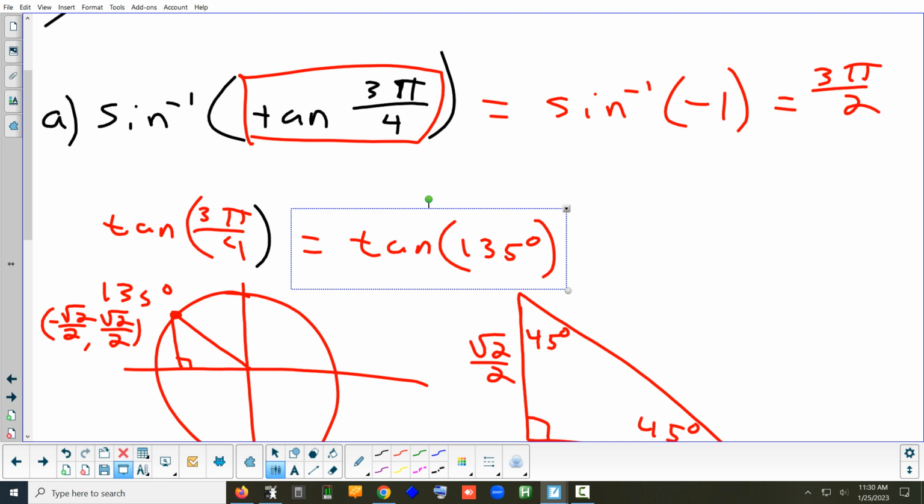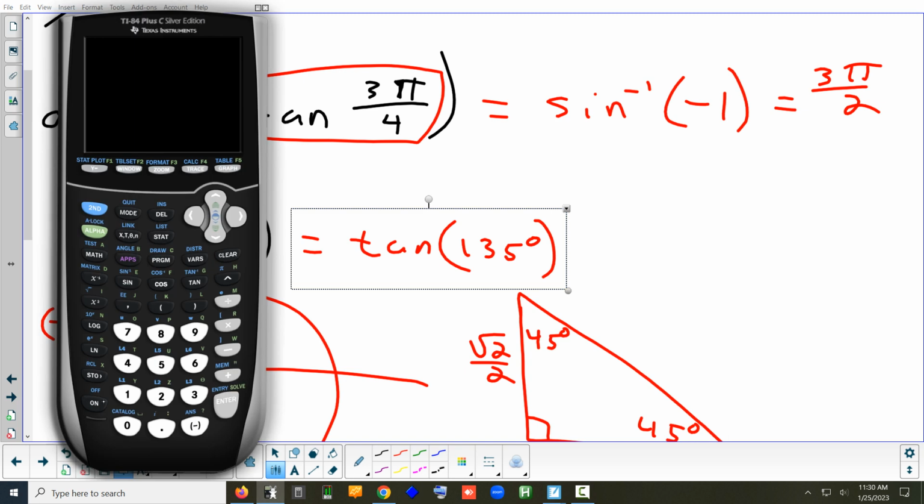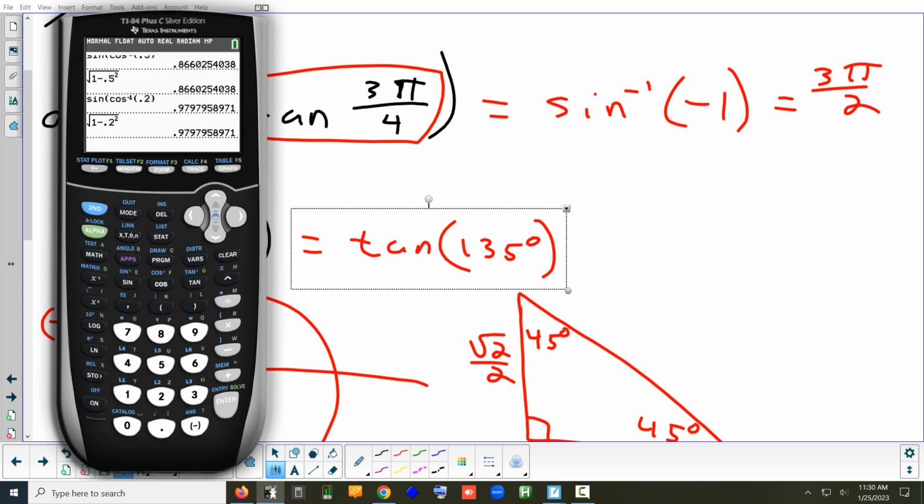Yeah, it combines a lot of things. Now, if they said to write an answer between -90 and 90, what can you add or subtract from something if it was in degrees? 360. What's 3 pi over 2 in degrees? 270.